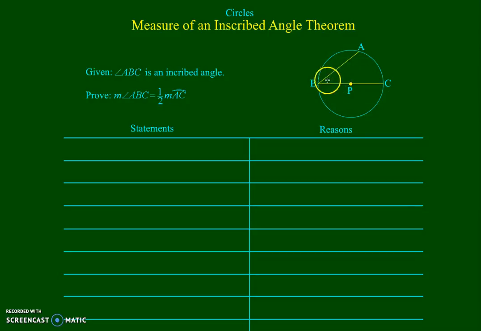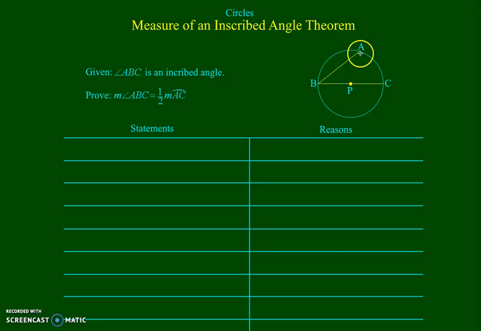That is, this chord BC, C would be down here, so the center would be in the interior of this angle. The third case is where point C would be up here, and the center of the circle is outside the inscribed angle.